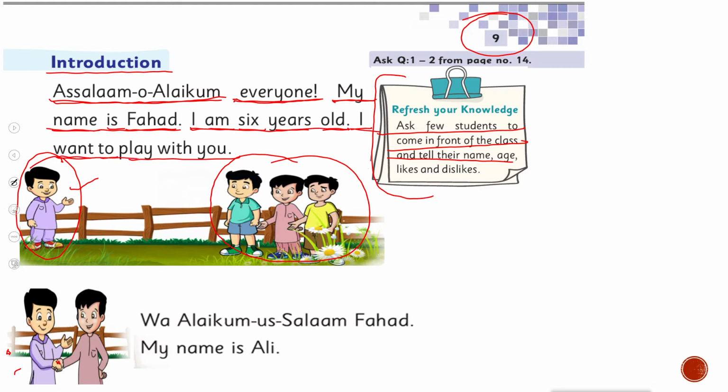I want to play with you. Now, what are the friends saying in answer? Wa alaikum assalam Fahad. My name is Ali. This is Ali and he is meeting Fahad. He is saying, Wa alaikum assalam Fahad. My name is Ali.